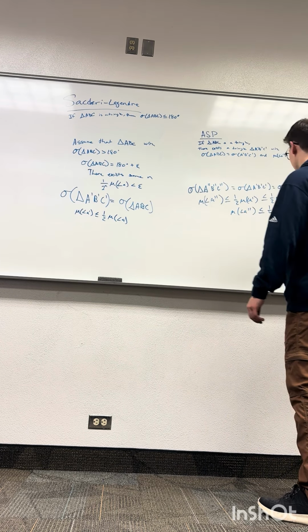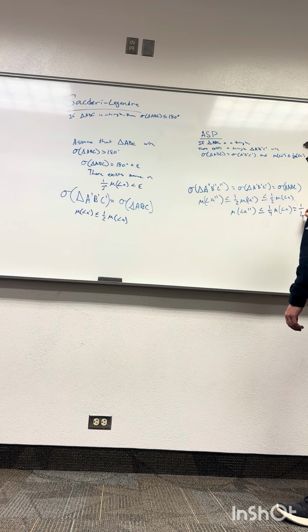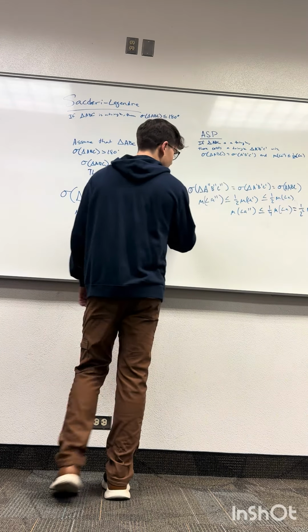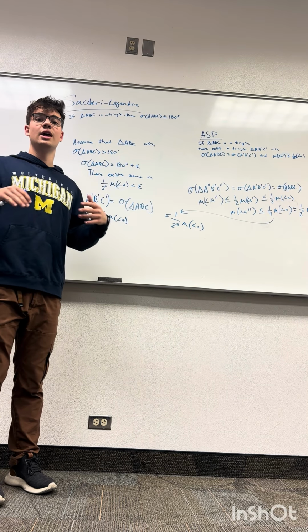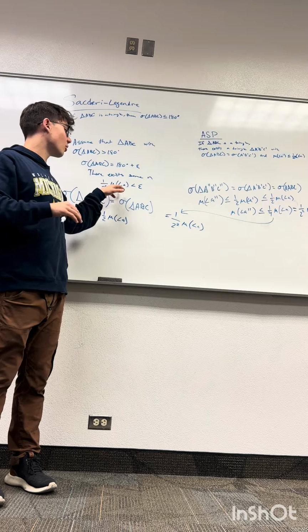This can be rewritten as 1/2 squared times the angle measure of angle A, which I can write over here if it's being blocked. All we have to do is keep applying our lemma n number of times.